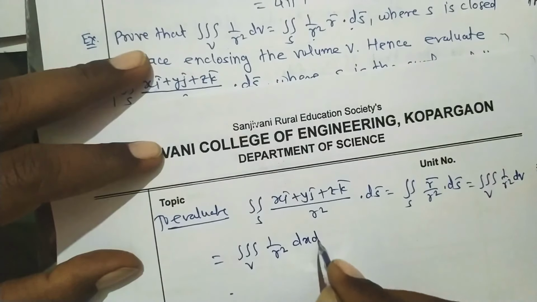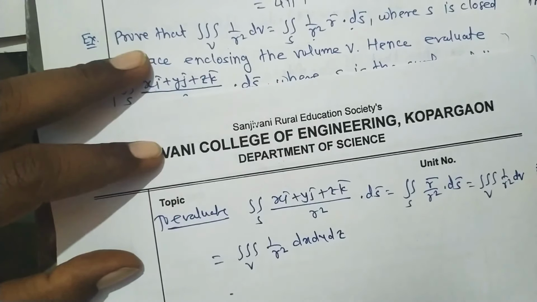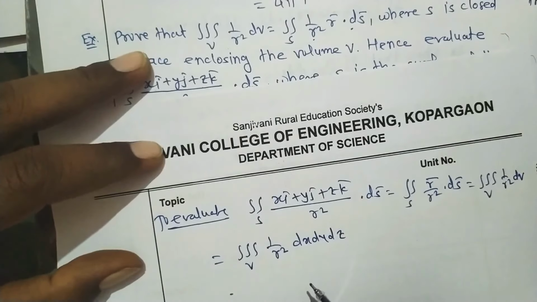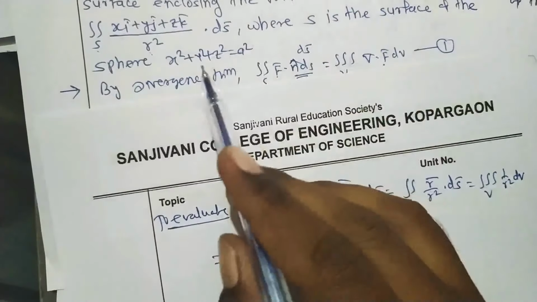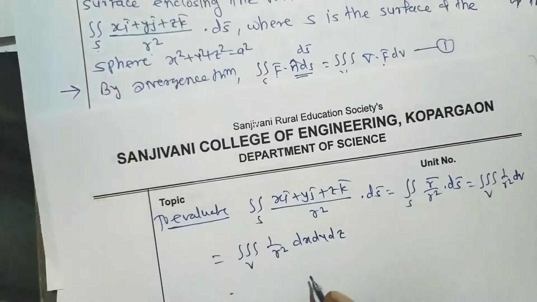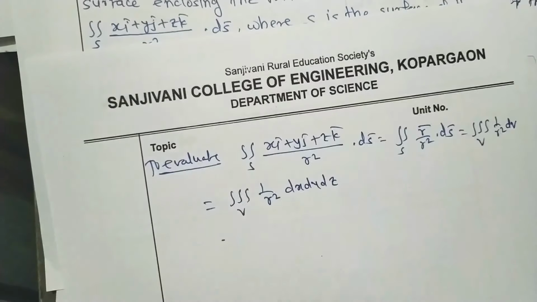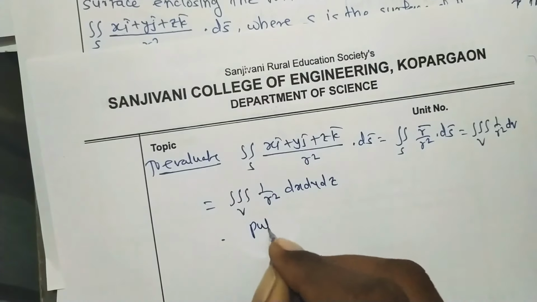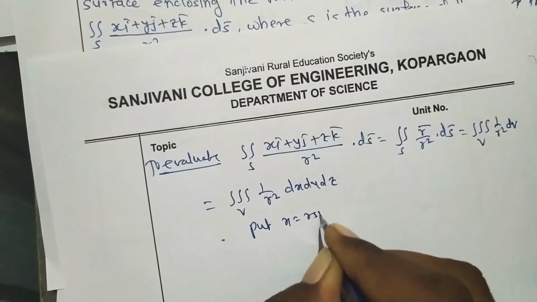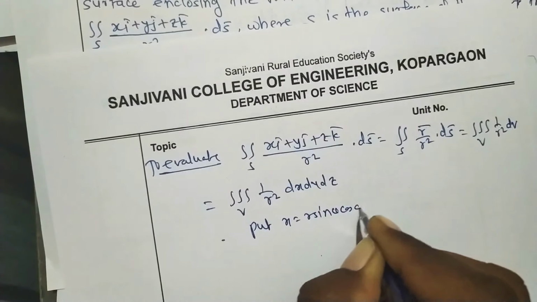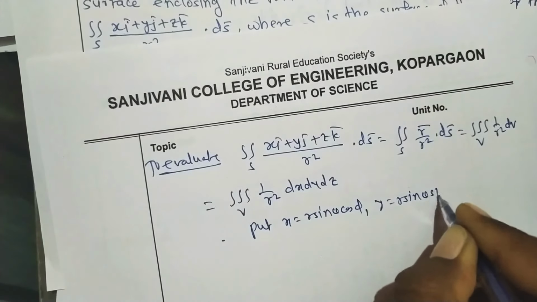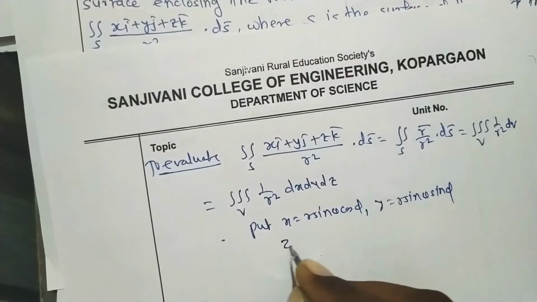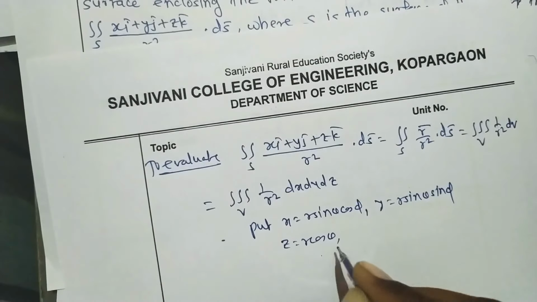What is dv? dx dy dz. So we use spherical polar coordinates, because the sphere is given, where s is the surface of the sphere of radius a, x square plus y square plus z square is equal to r square. So for solving this problem, we have to use spherical polar coordinates. x is equal to r sin theta cos phi, y is equal to r sin theta sin phi, z is equal to r cos theta.